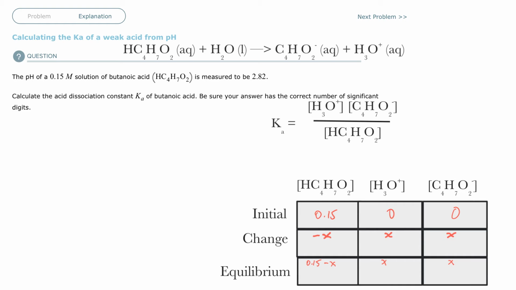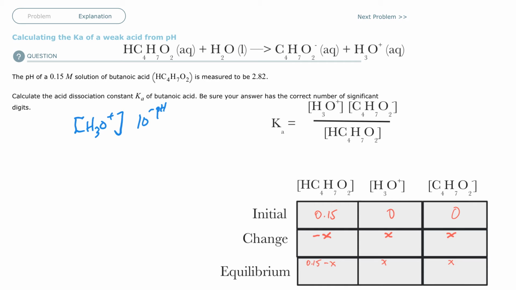So the change is going to be that change in the concentration of the hydronium, the H3O plus. So how do I find it? You're going to find it by finding the concentration of the H3O plus. The concentration of the H3O plus is equal to 10 to the minus pH.